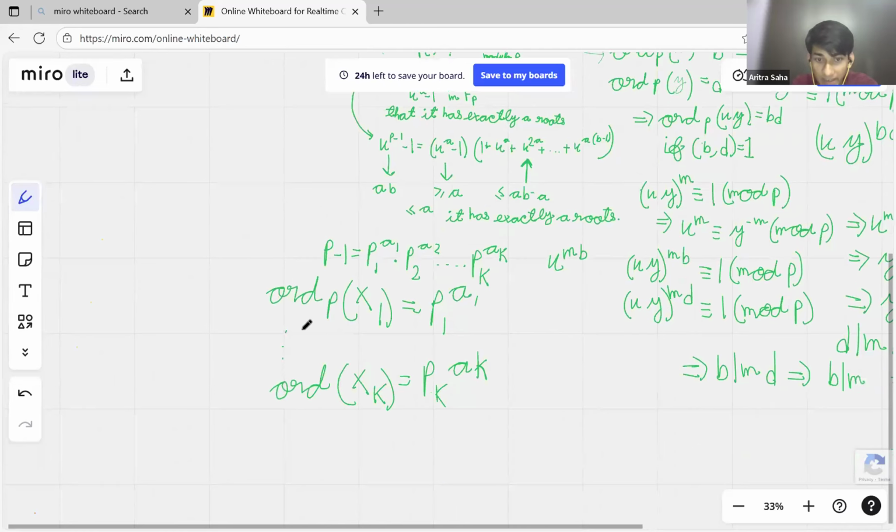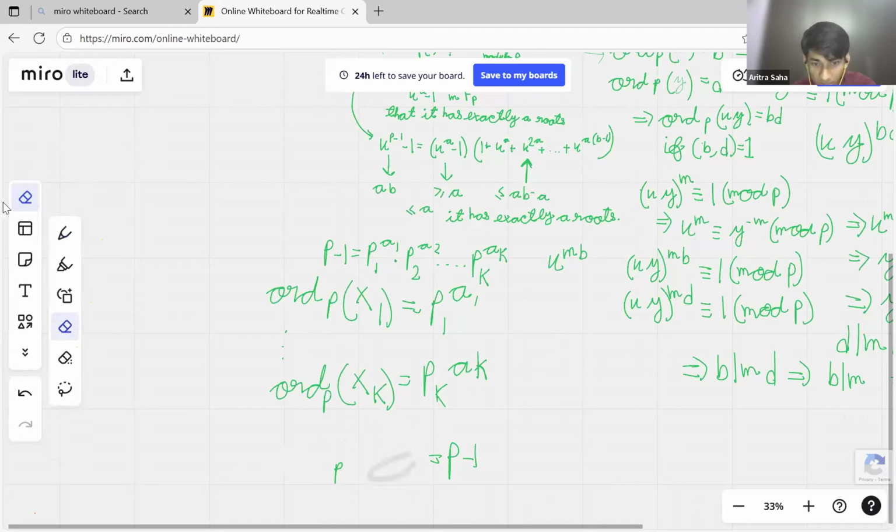Then if we multiply, the order of the product of all the xi will be the product of all the orders, so p minus 1. So this is a primitive root and we'll be done.